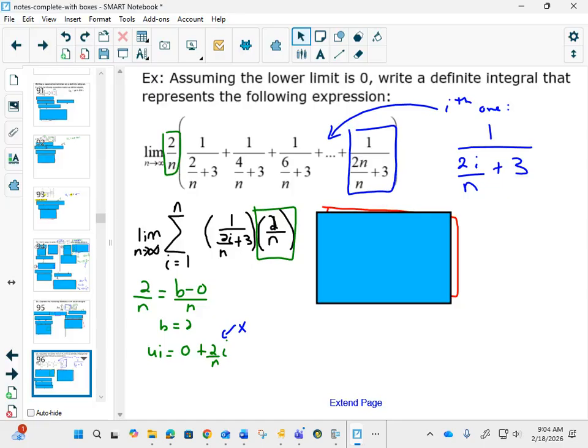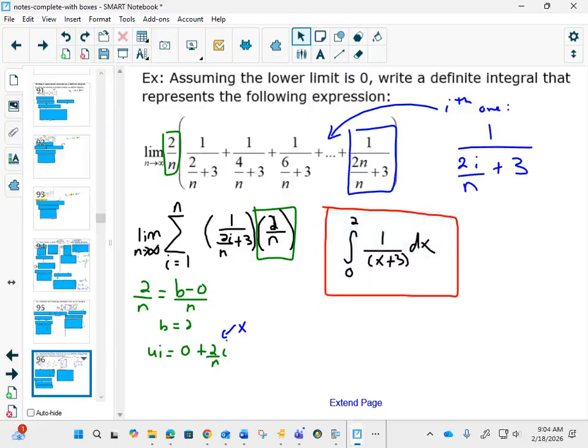And my x value then is 2I over n. I now can write my integral. It goes from 0 to 2. I replace the 2I over n with my x, and I get my integral from 0 to 2 of 1 over x plus 3 dx. So I'd like you to try this next one on your own.